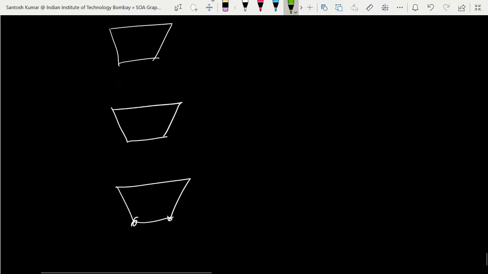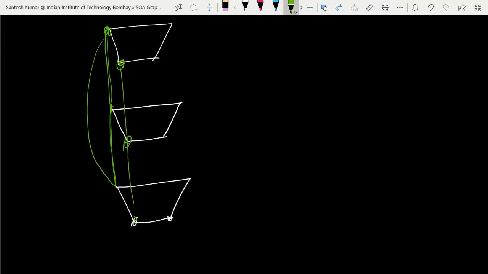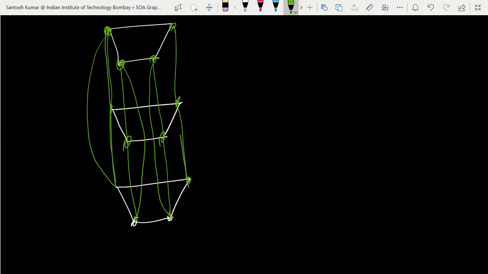And then you can join this one, this. And they have an edge. Again this one, this one, this one. So you make an edge here. This is an edge. This one, this one. So they have an edge like this. Okay, so you can name accordingly.